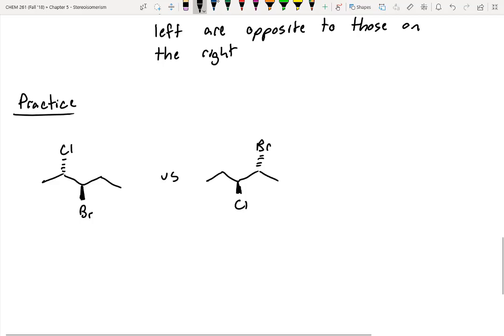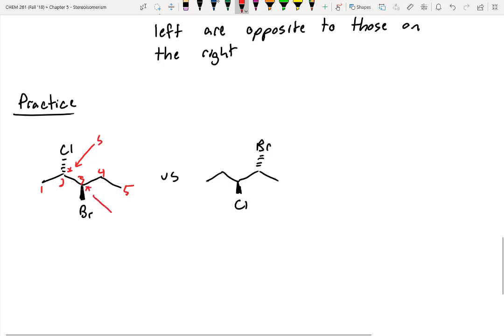So are these enantiomers, diastereomers, meso compounds, constitutional isomers? How would you relate these two compounds? What I normally like to do is compare the names. So let's go ahead and compare the names. So this one, I would number going left to right. And we've got a stereocenter right here. Would this stereocenter be R or S? I'd say this would be S.